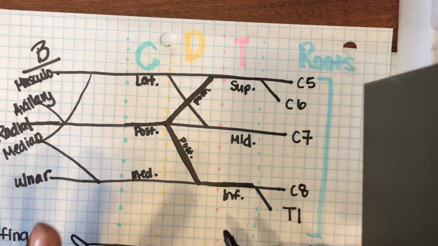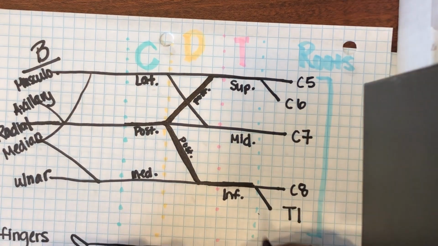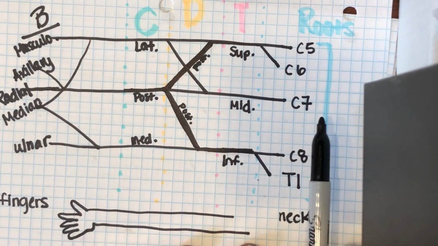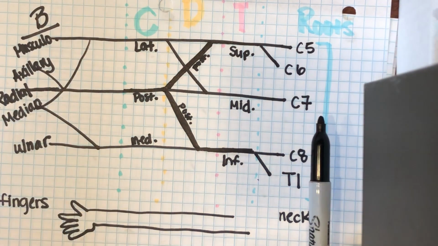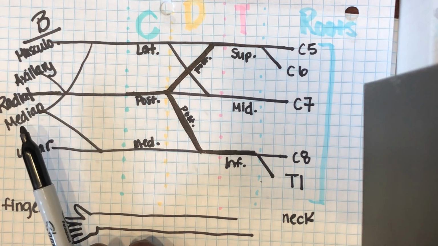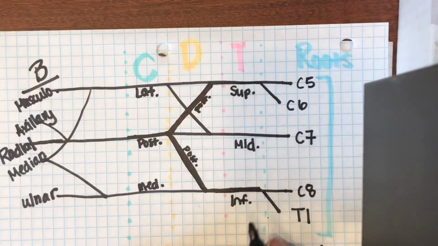Just for the sake of understanding this concept, we want to imagine information traveling in one direction. It's a one-way path going from our neck all the way to our fingers, okay? A one-way path going in this direction.